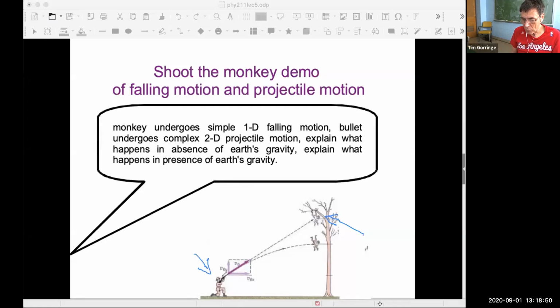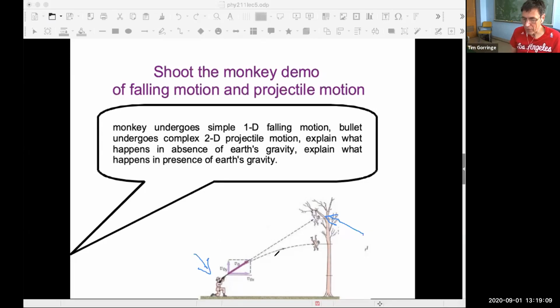And we're going to figure out whether the bullet will hit the monkey or not, given that the monkey is falling after the gunshot, but also we have to remember the bullet is falling after the gunshot.